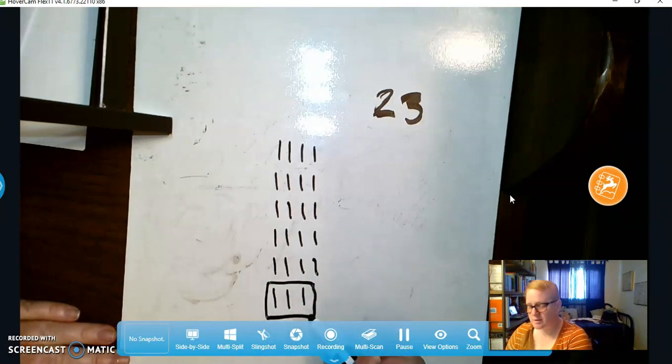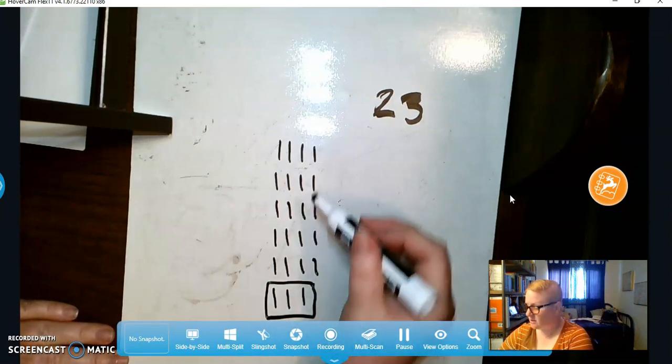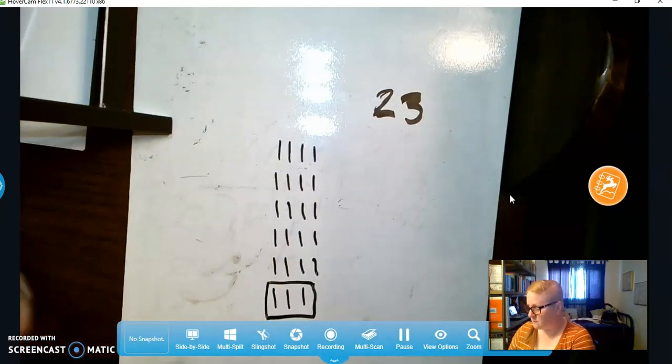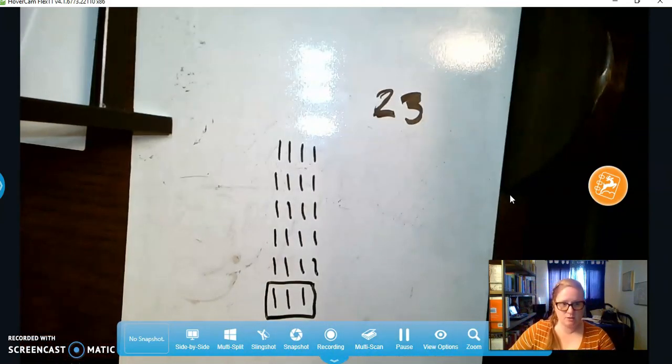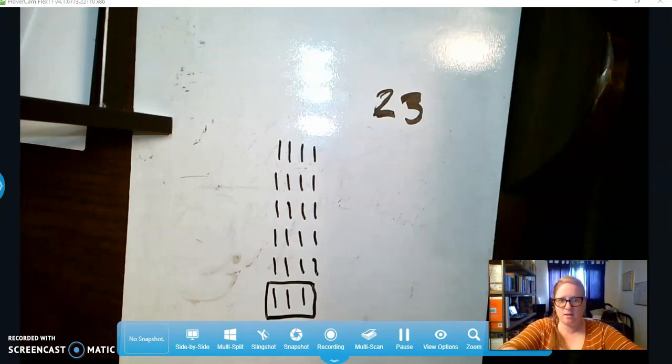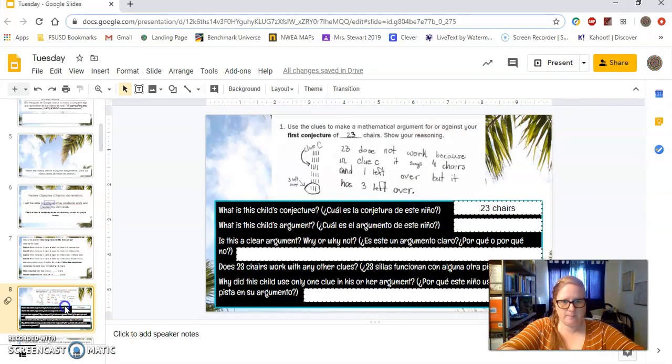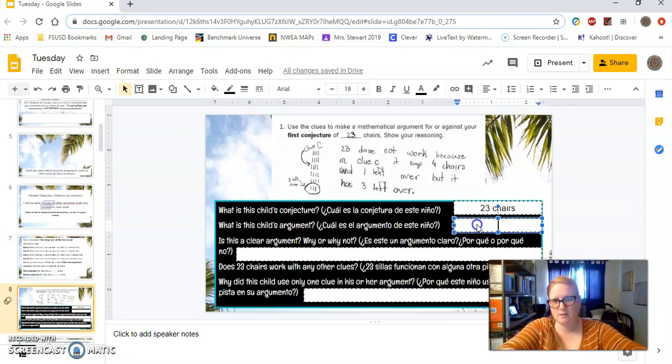So there are 3 chairs left over when we do rows of 4. So that student is correct. Their argument is correct. So let's go back. And it says, what is the child's argument? That it doesn't work.